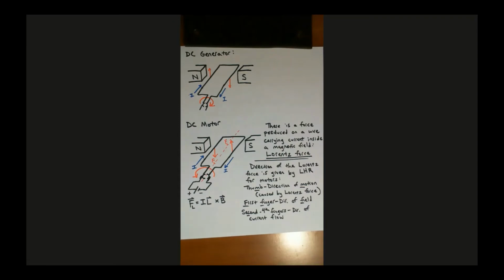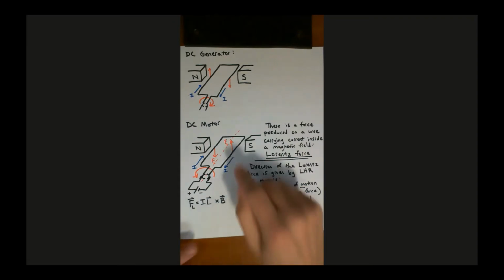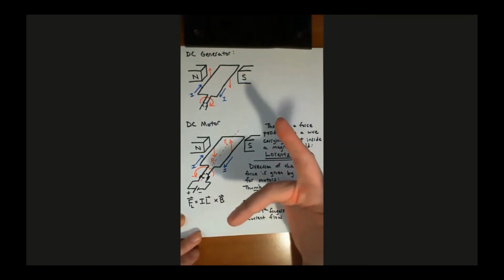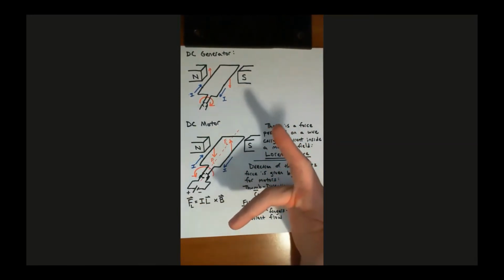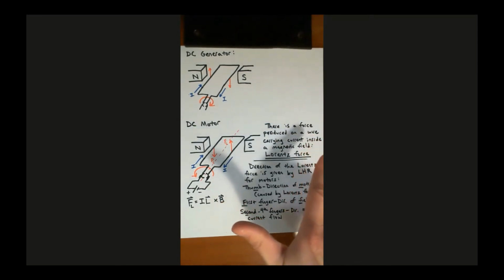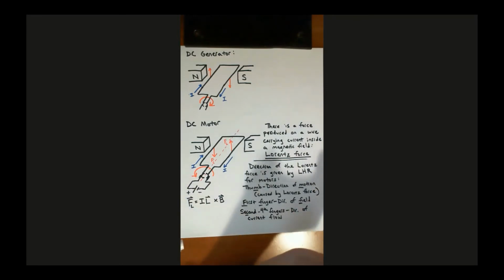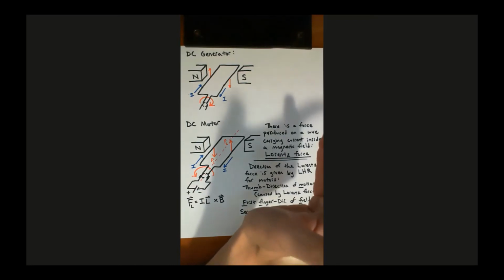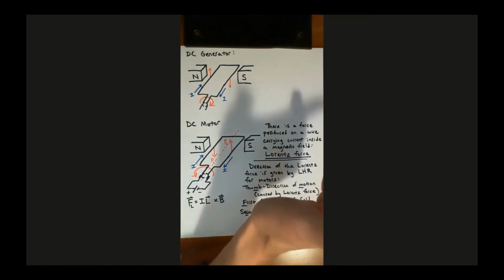First I'm going to apply the right-hand rule to this right side of the armature. The field, first finger, is going left to right, and this thing is spinning counterclockwise, so the direction of motion right now is up.